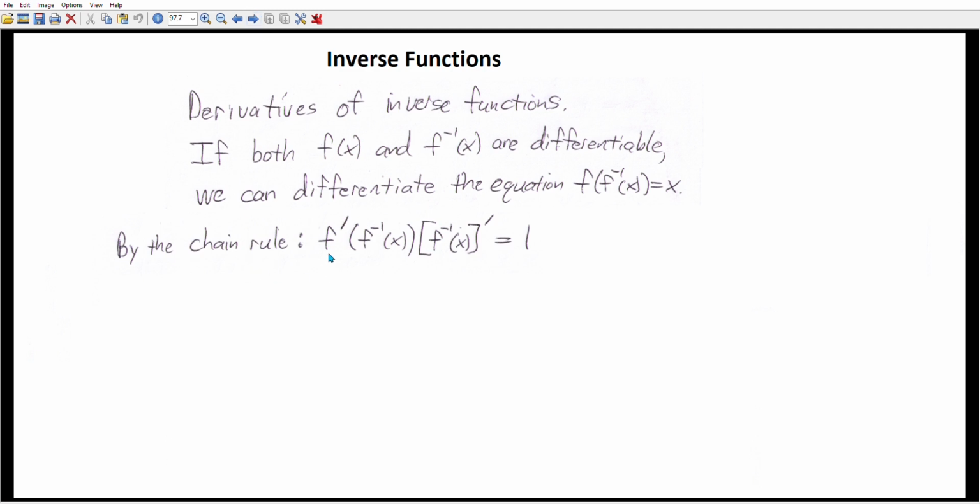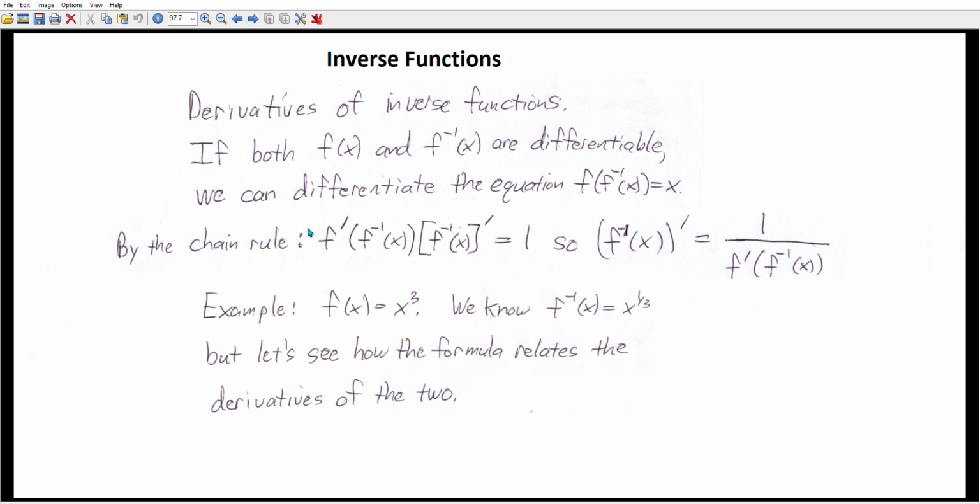So f prime of f inverse of x times the derivative of f inverse of x equals the derivative of x, which is 1. And now we can solve this for the derivative of f inverse. And we get the derivative of f inverse of x is 1 over f prime of f inverse of x.